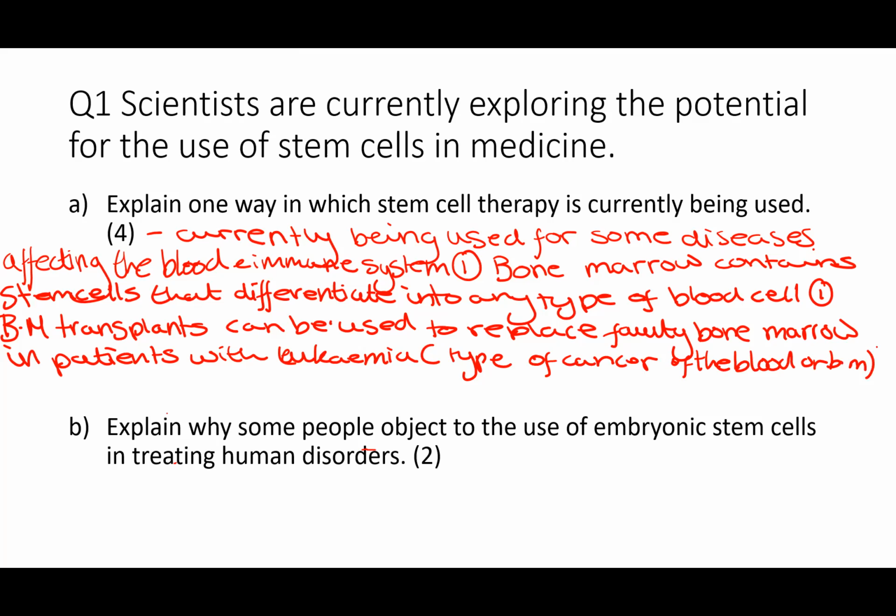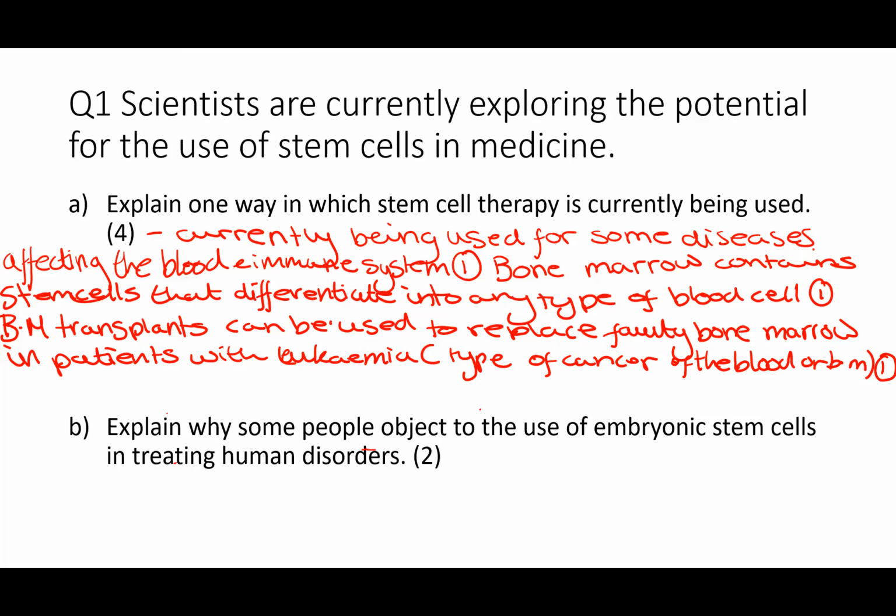That will get you 1 mark. So we've said where it's being used, diseases of the blood and immune system, we're using bone marrow. How are we using it? Well, bone marrow transplants could be used to replace faulty bone marrow in patients with leukemia.